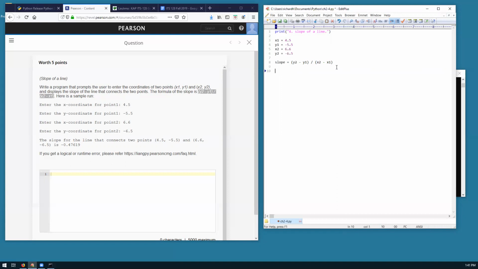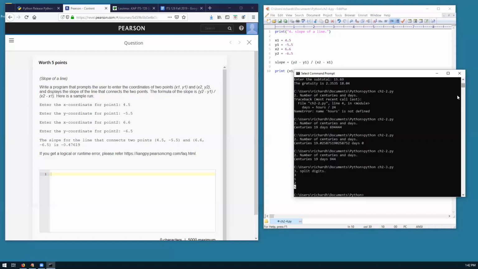Then I can just say print x1, y1, x2, y2, slope. So it should print this, and then this, and then this, and then this, and then this.